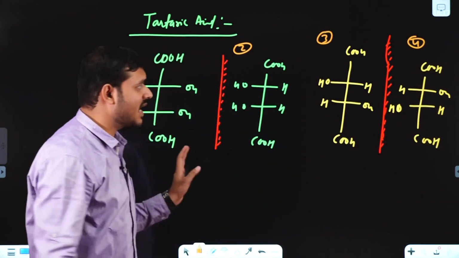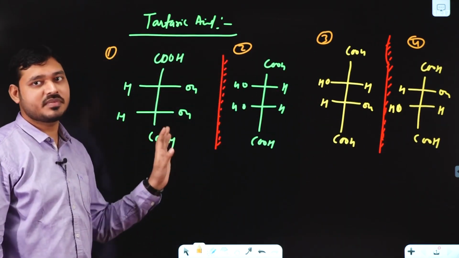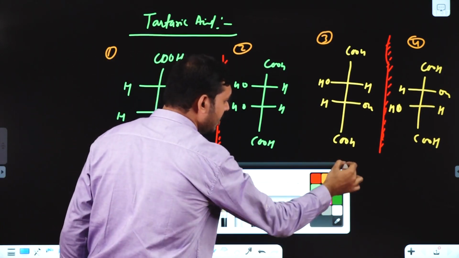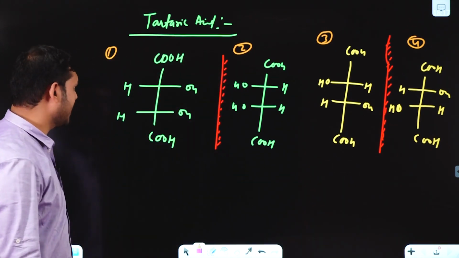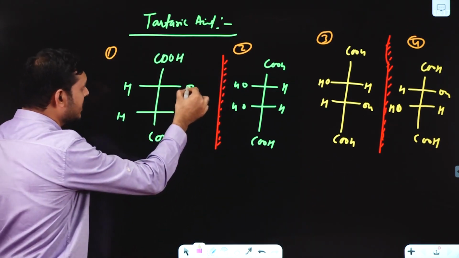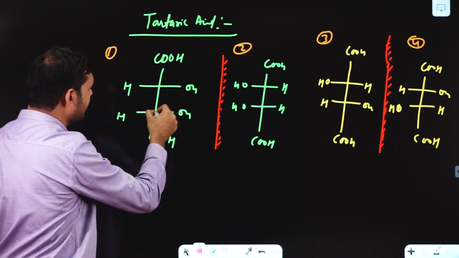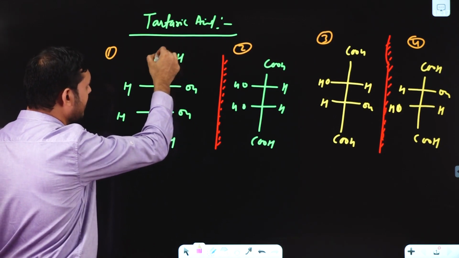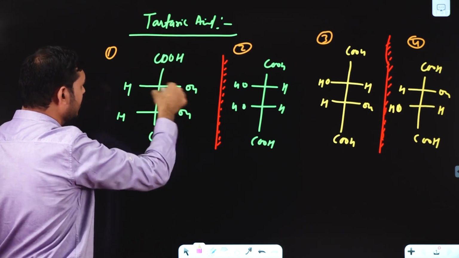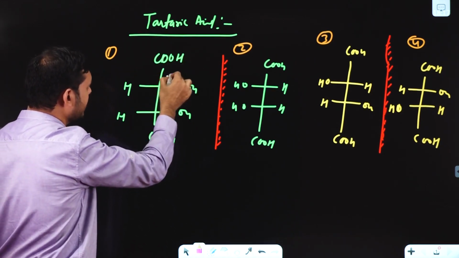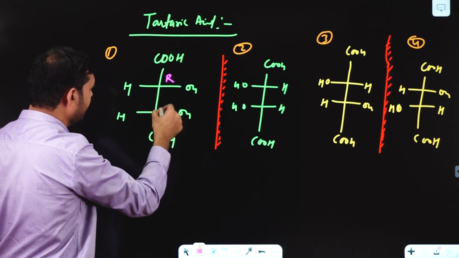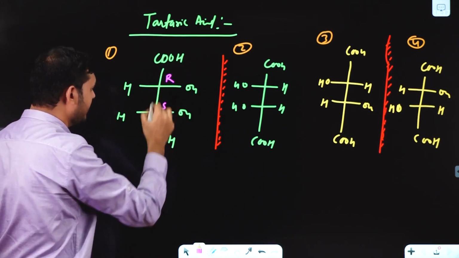Now let's understand all the points which we have studied till date one by one. First of all, you have to find out the RS configuration. So simply this OH is 1, this carbon, oxygen, hydrogen, carbon, this carbon having 3 oxygen, double bond and single, those 2, reverse, this is your R, this 1, 2, reverse, this is your S configuration.